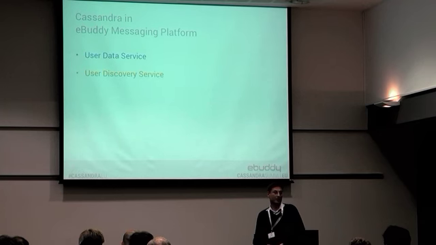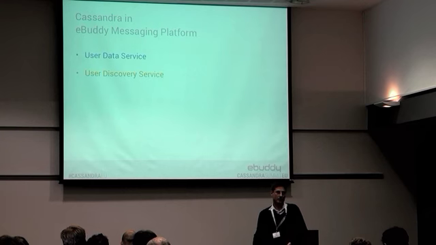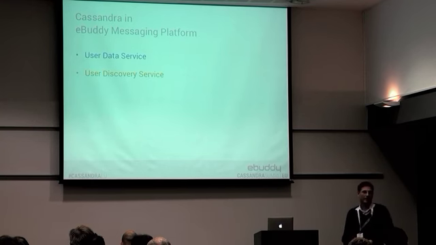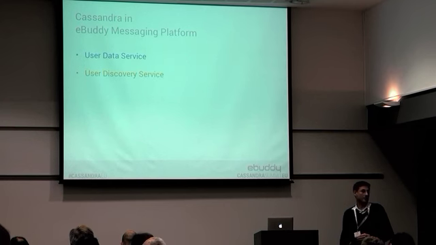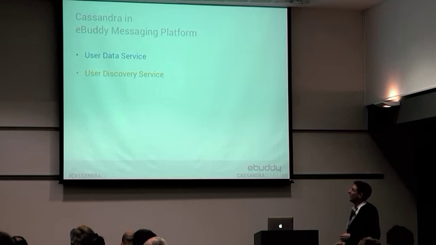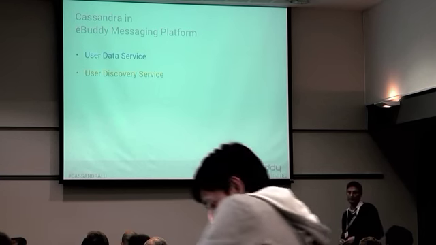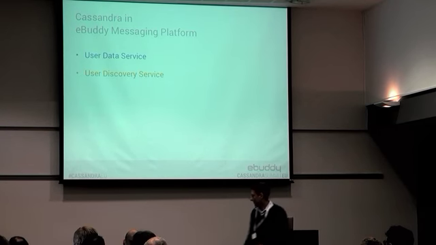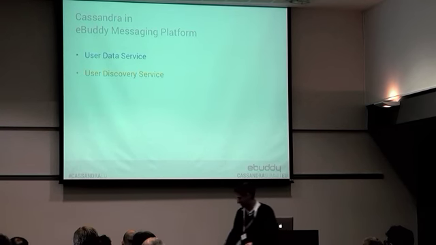For example, Facebook friends, your address book, Google contacts. It can use several different third-party social graphs to discover other XMS users that are in that social graph. And we use Cassandra as the database for storing social graphs that our discovery service uses.